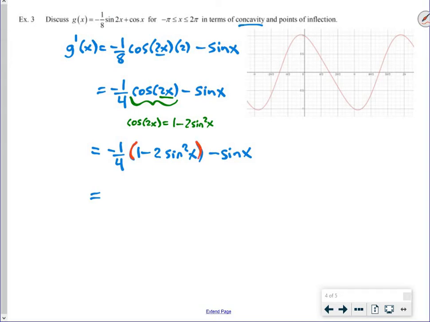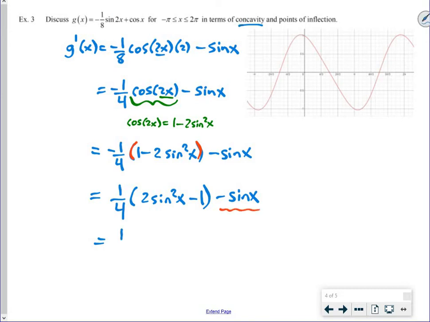I'm going to factor out a negative from there. So I'm going to go 1/4 (2 sine squared x minus 1 minus sine x). Okay, and then I'm going to bring this one in as well.